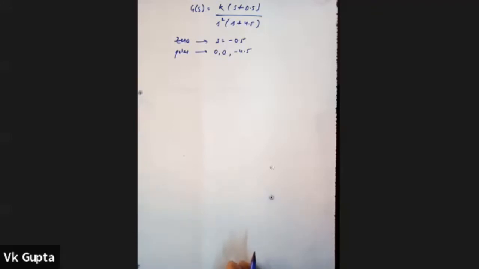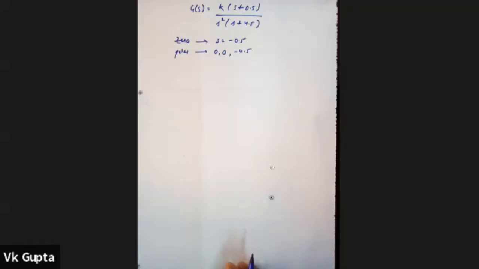Since we have 3 open loop poles, hence there are 3 branches in the root locus.